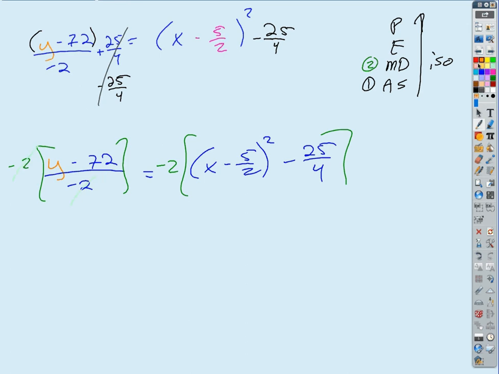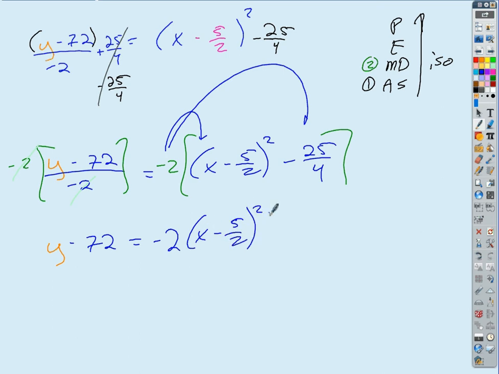And I get y minus 72 equals, if I distribute that negative 2, I'm just going to get negative 2 times my perfect square. And then over here, negative times negative is positive, and the 2 over 4 I'll turn into a 2 on the bottom, right? 2 over 4 reduces to 1 over 2.